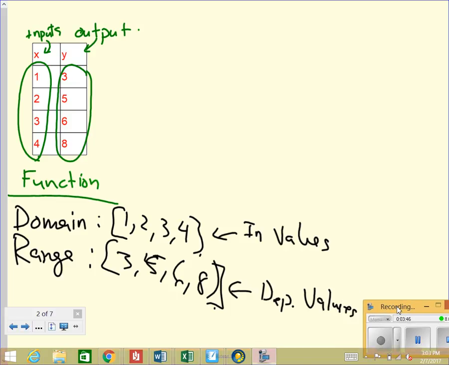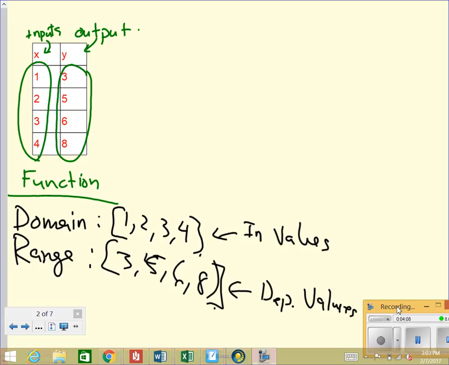So we have this relation which only has inputs and outputs, or just ordered pairs. A function has an input that has only one defined output, and that's the thing. So for every one number I put in, I get an output.